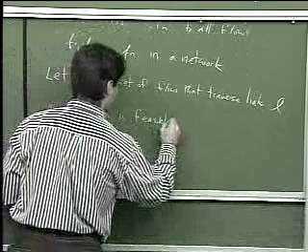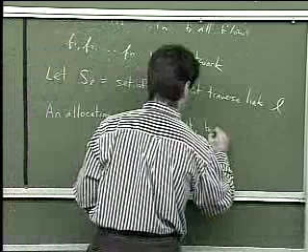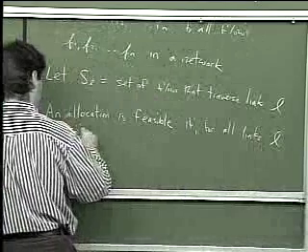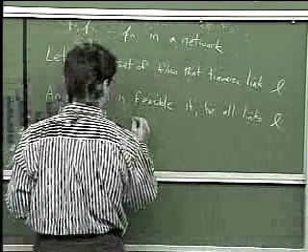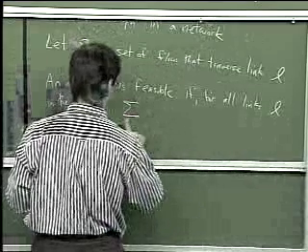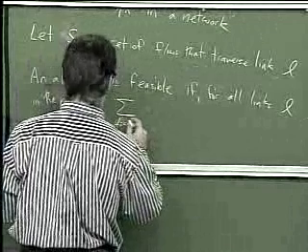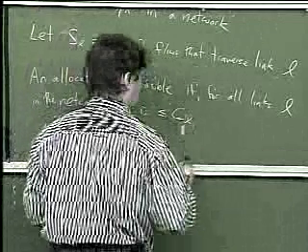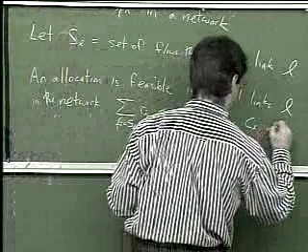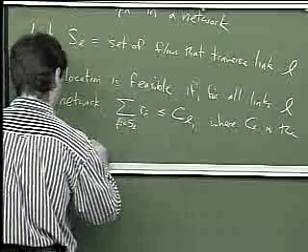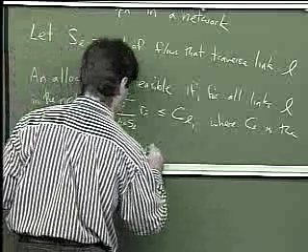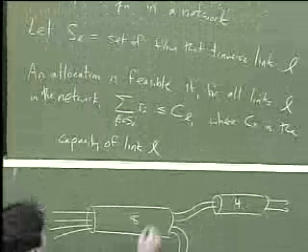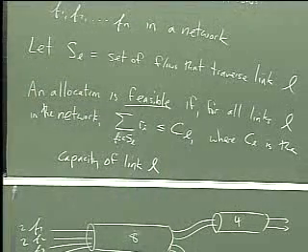An allocation is feasible if for all links L in the network, the sum of the rates of the flows in S sub L is at most C sub L. So an allocation is just a set of rates assigned to flows.